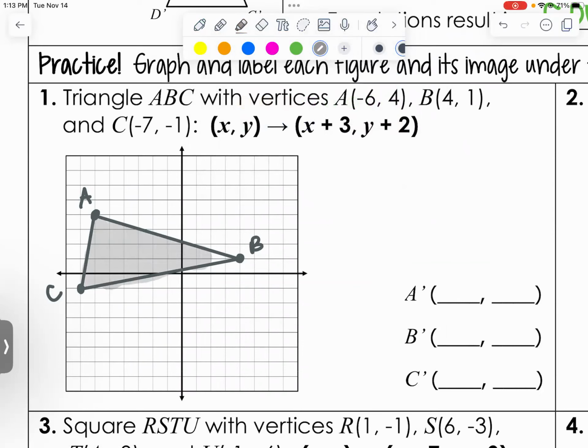Now, x plus 3. That is telling us to move each coordinate a certain direction. Since it's with the x, we know it's telling us right or left. Since it's the plus, what does that mean? Okay, so I want everybody to write right 3.